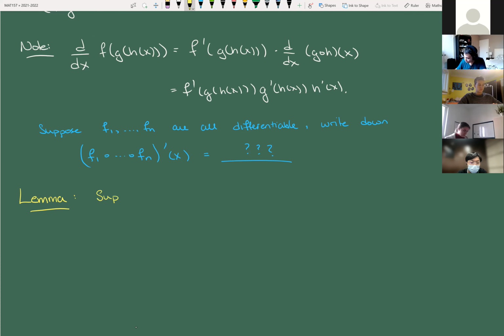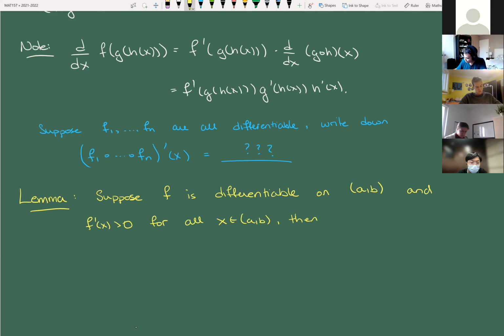So suppose f is differentiable on an interval AB, and f prime of x is greater than 0 for all x in AB, then f is strictly increasing on AB.